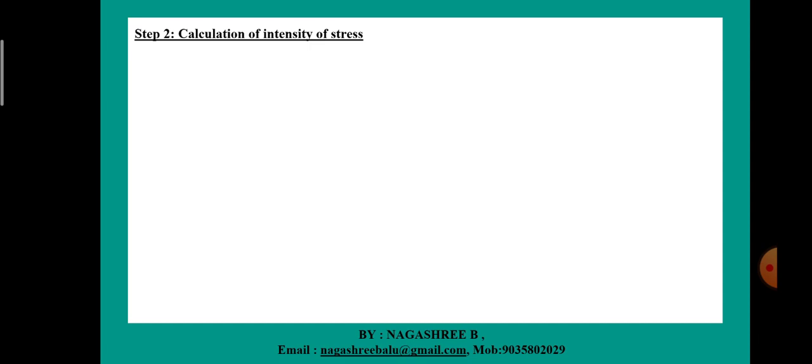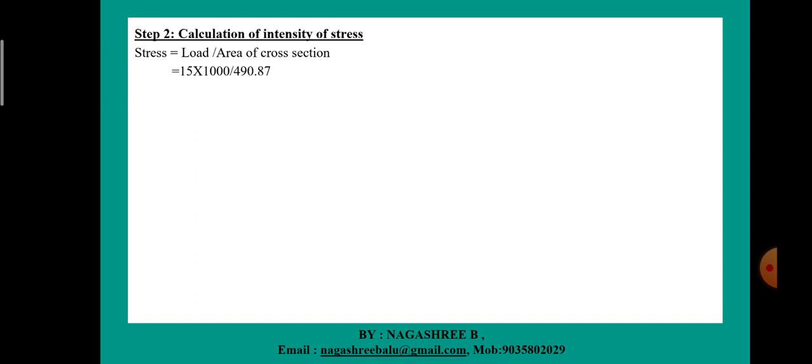Therefore I have found the area first. After that, I need to find the intensity of the stress. As I know, stress is nothing but load by cross-sectional area, and the Young's modulus is nothing but the ratio of stress to strain within the elastic limit.